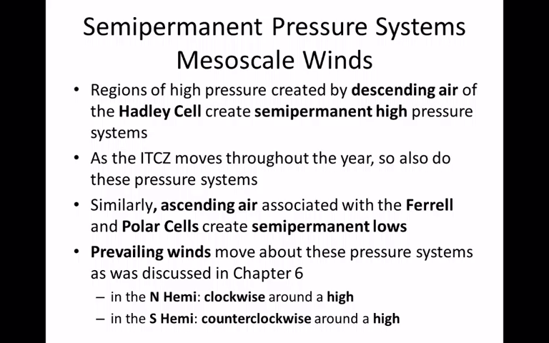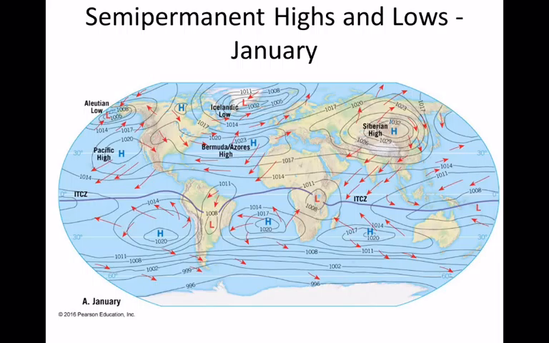How about an L? We call it a cyclone. Which direction do you think it should go? Counterclockwise, exactly. In the northern hemisphere, and it's the opposite in the southern hemisphere. So let's see if that works for us. Also, a low in the southern hemisphere would go clockwise? Correct.